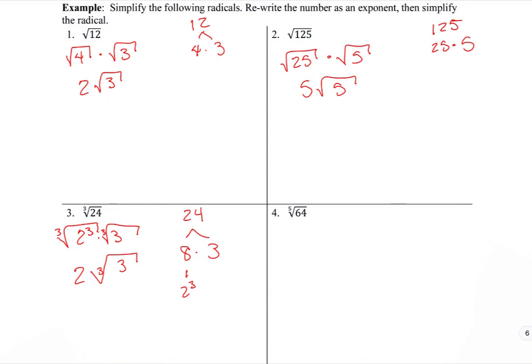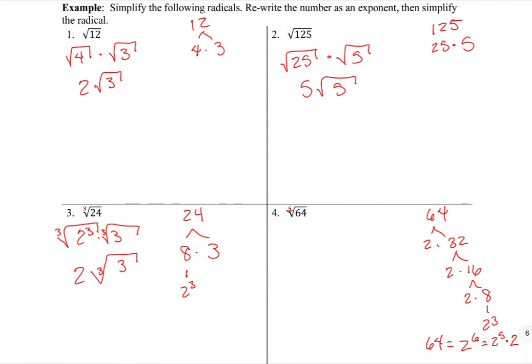Okay? Now, 64. 64 is 2 times 32, which is 2 times 16, which is 2 times 8, and 8 we know is 2 cubed. So 64 equals 2 to the 6th, or, we want it as the 5th root, so this is 2 to the 5th times 2.